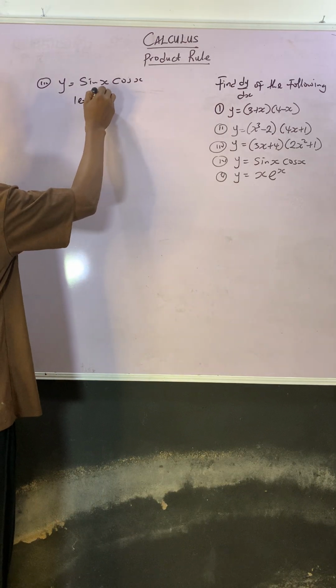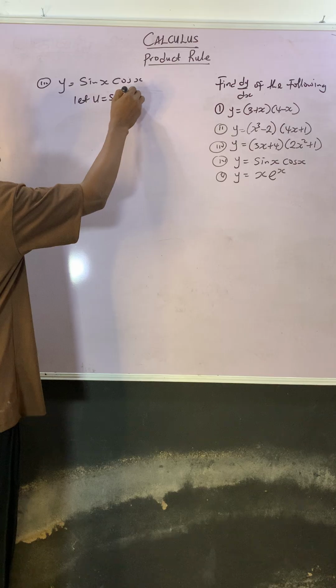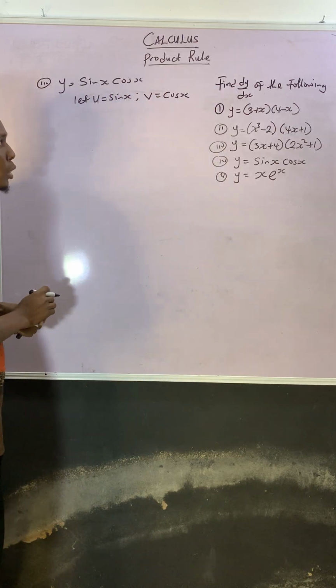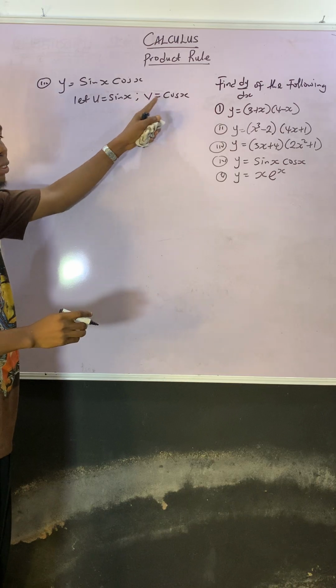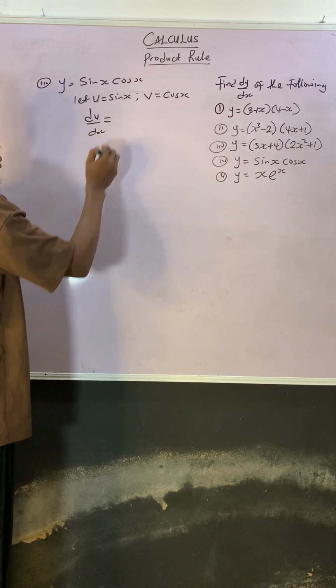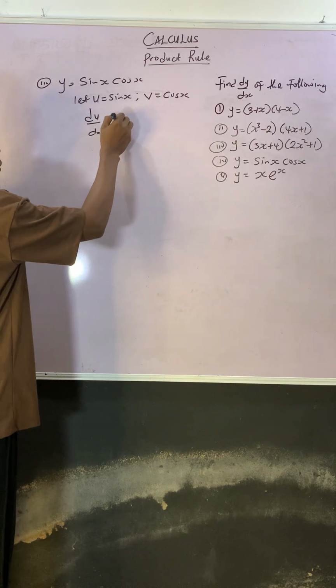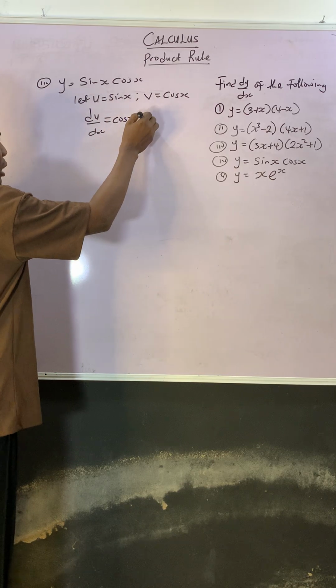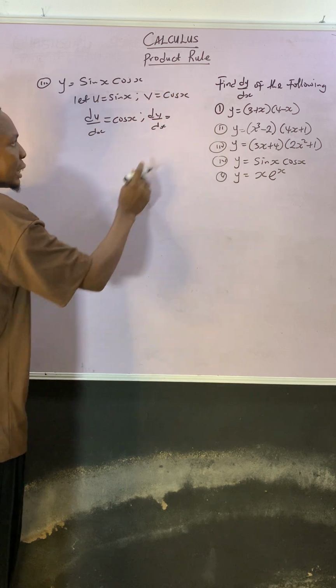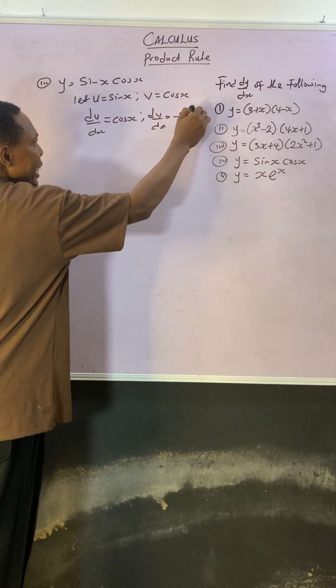Let u equal sin x, and let v equal cos x. You differentiate u with respect to x, and differentiate v with respect to x. So here we have du/dx: if I differentiate sin x, it is cos x. Then we have dv/dx: if I differentiate cos x, it is minus sin x.